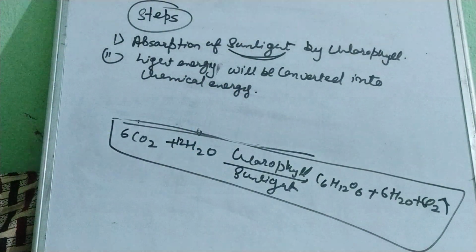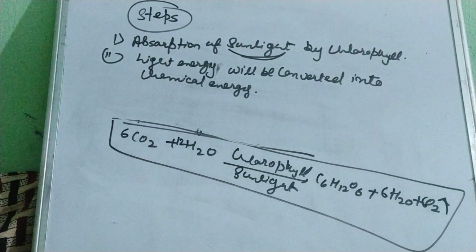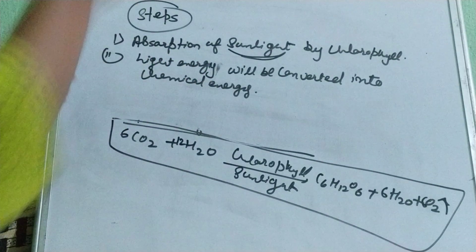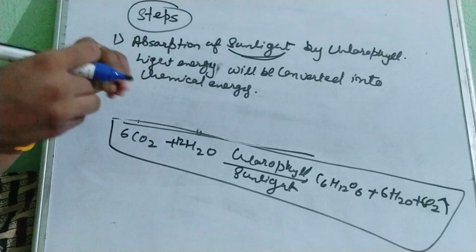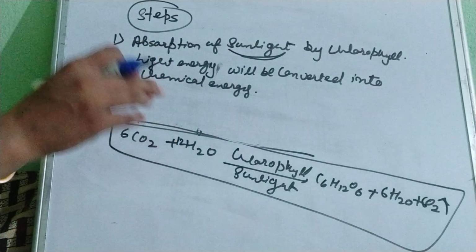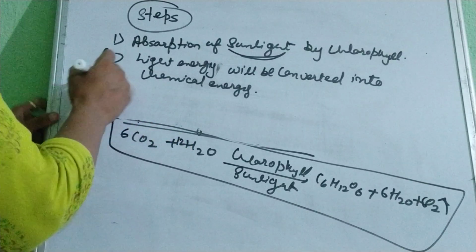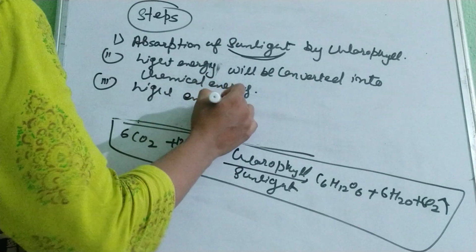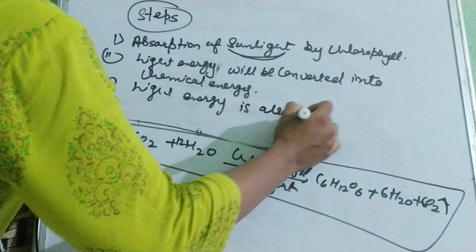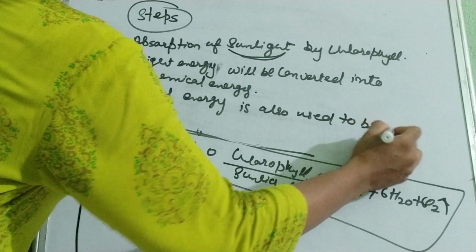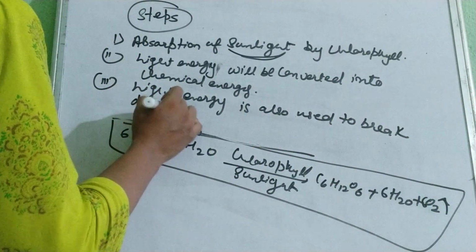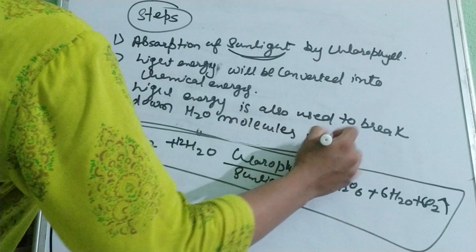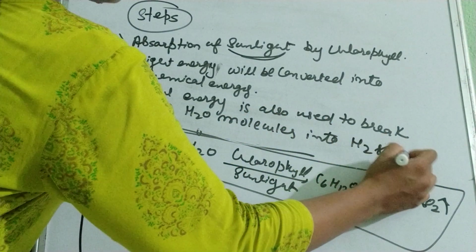If light energy is converted into chemical energy, what is the utilization of that chemical energy? The light energy is also utilized to break down the water molecules that are absorbed. So we will say that light energy is also used to break down H2O molecules into hydrogen and oxygen.